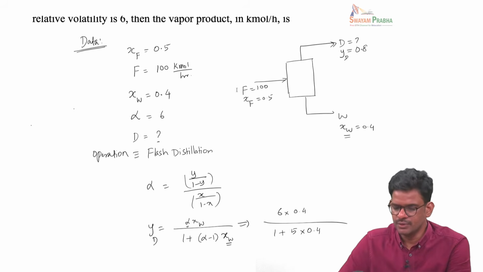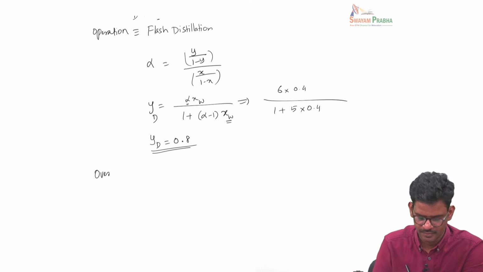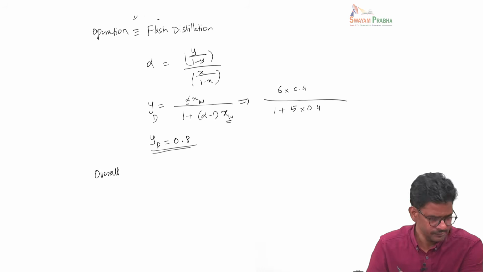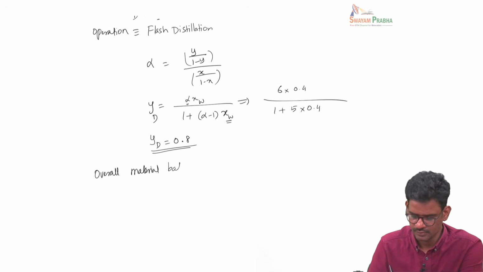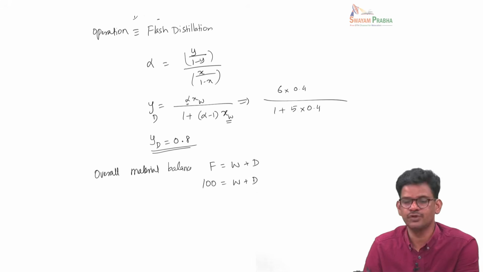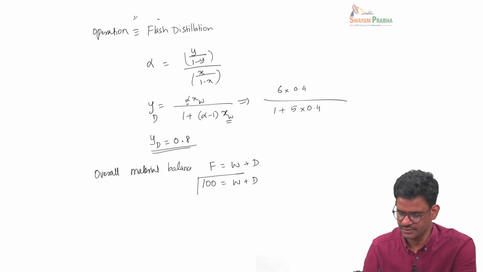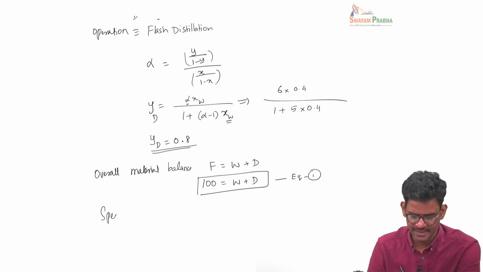So now what we can do is an overall material balance. So F is equal to W plus D, and we know that F is 100, W and D we do not know, we will keep it like this. So this is equation 1, and then we can do a species A balance.